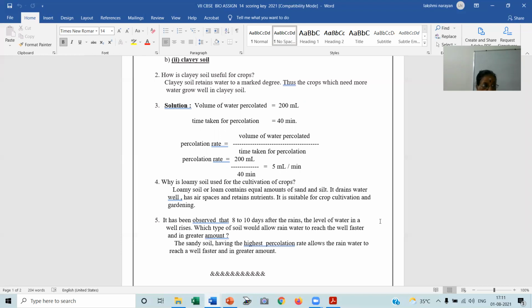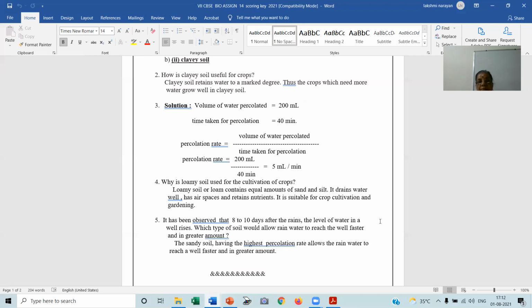Question 4. Why is loamy soil used for cultivation of crops? Loamy soil, otherwise called loam, contains equal amount of sand and silt.